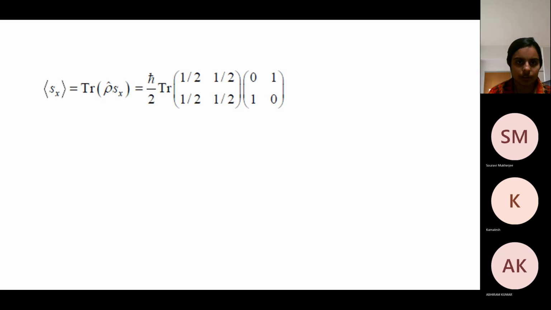Okay. So you did something like this, right? And then it comes out to be h cross by 2. Good. So now if you do the expectation value of Sz, what will you get? So then you have to multiply by 1 0 0 minus 1 in place of 0 1 1 0, right?